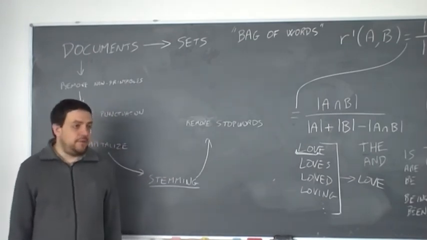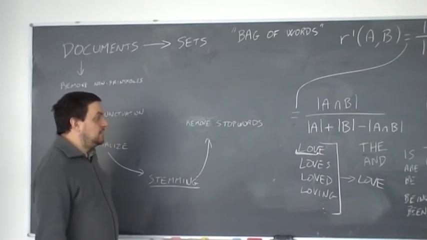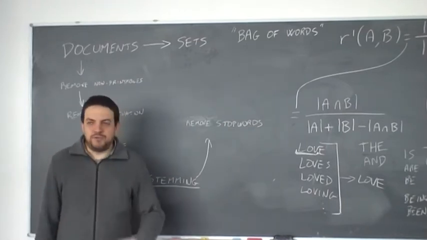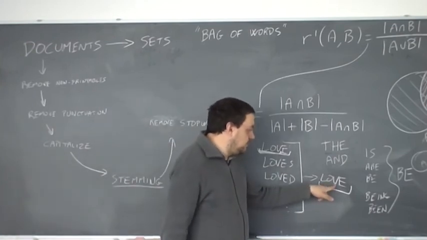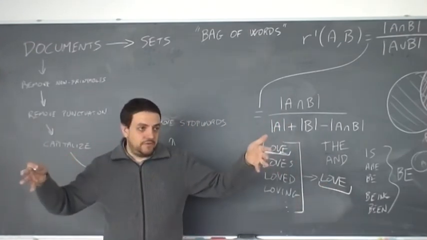The final step actually is more a computational one. You're not going to put the letters L, O, V, E in the representation of the document.